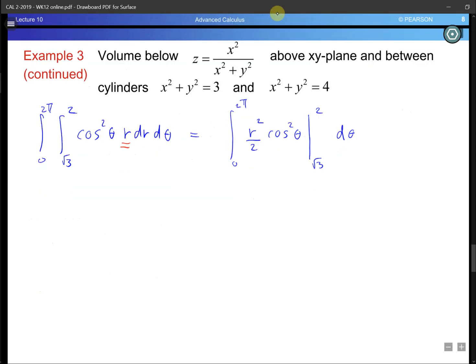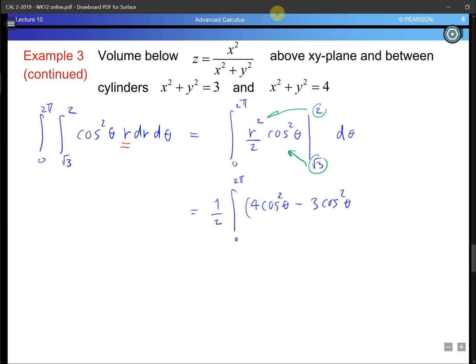Okay, let's continue. I'm going to bring the coefficient 1 over 2 outside. Integrate, same thing, 0 to 2 pi. 2 goes in as r, so I get this 4 cosine theta square minus, this square root of 3 goes in, minus square root of 3 square, it becomes 3 cosine theta square.